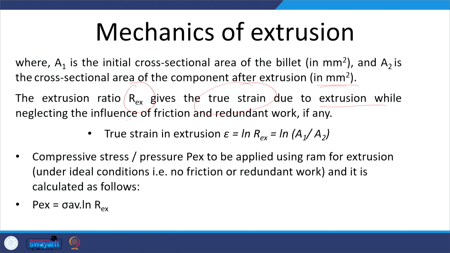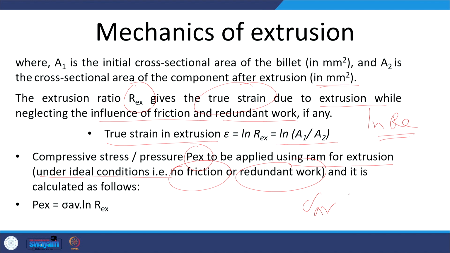So, while neglecting the influence of friction and redundant work, true strain in extrusion can be obtained from the log of REX, that is the extrusion ratio. So, log of A1 divided by A2, that is how we get the true strain in the case of extrusion. The compressive stress or pressure required for the extrusion, applied using the ram, under ideal conditions of no friction and no redundant work, can be obtained simply from the average of the stress required to facilitate the extrusion and the strain, REX.